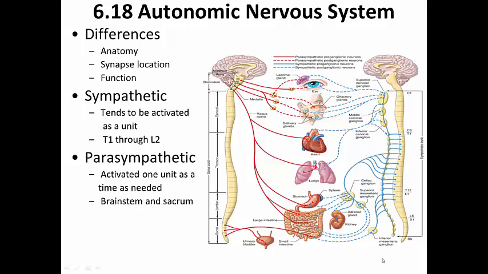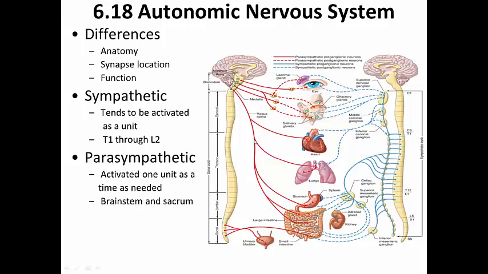Secondly, synapse location. There's a difference in synapse location between the sympathetic and parasympathetic. Let's look at the parasympathetic first. In the case of the parasympathetic division of the nervous system, what we see is this, that there are long preganglionic nerves, and then there is a ganglion, and then there's a very short postganglionic nerve.